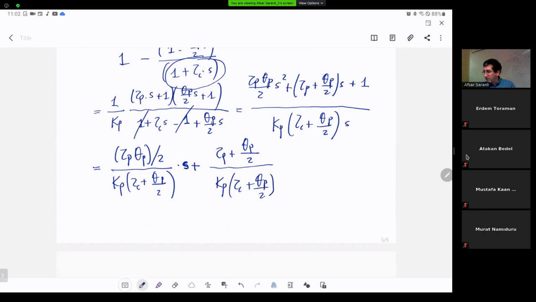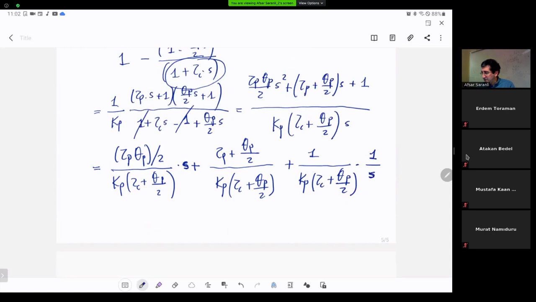Here the s terms cancel out, so I don't have any s term, plus 1 over kp (tau c plus theta p over 2) times 1 over s.